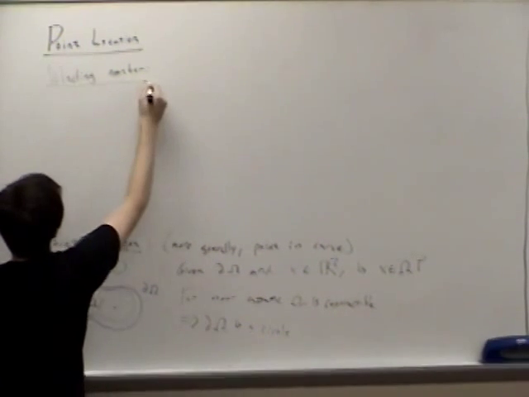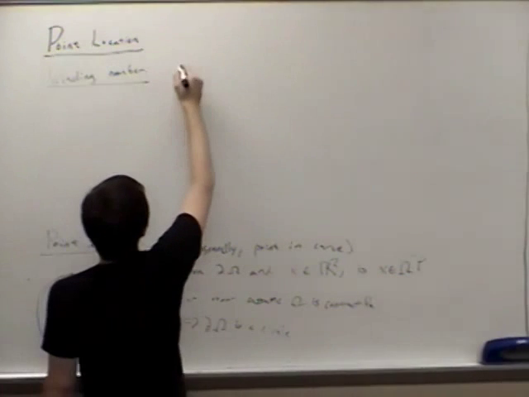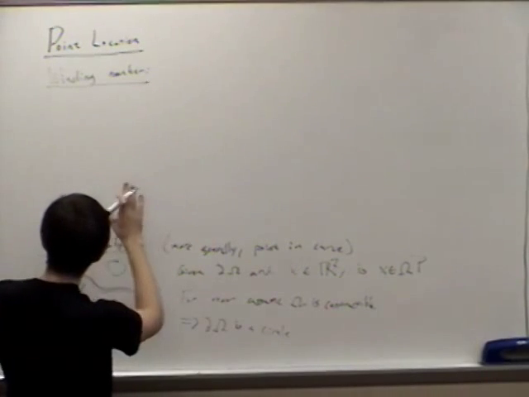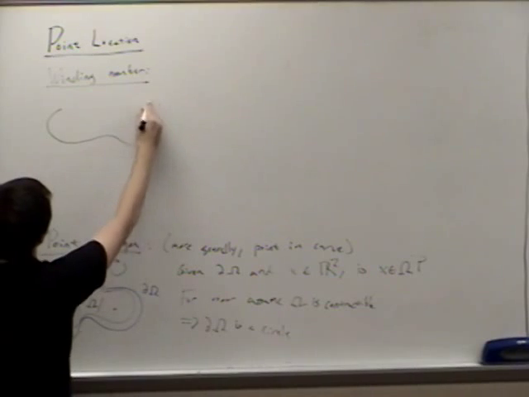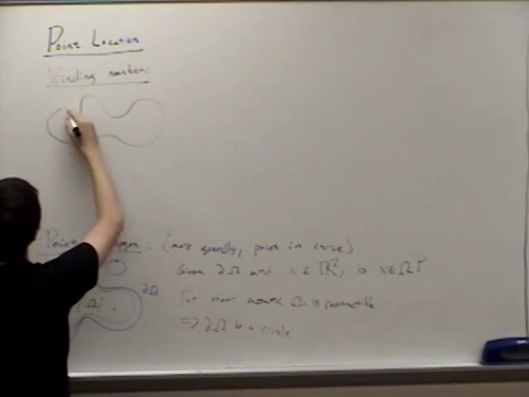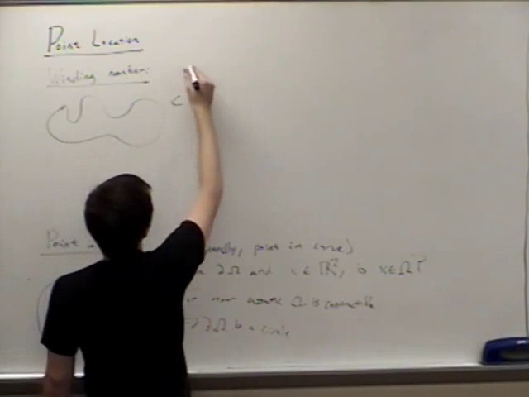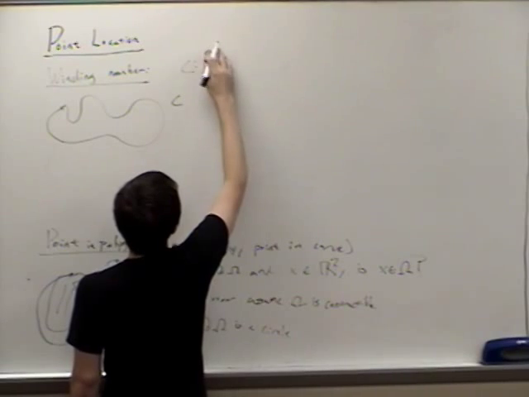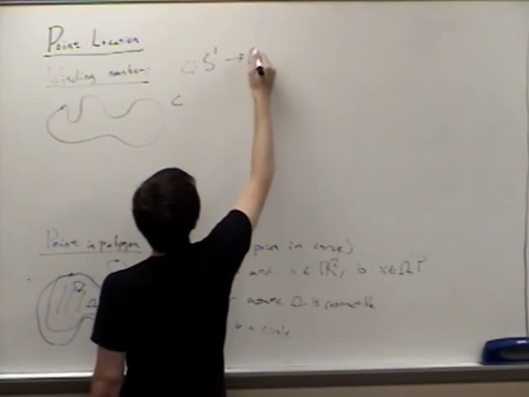So here is the concept. Let's suppose we have a curve like this. This is C, and we'll say C is a map from the interval, or from the one sphere, the circle, into R2.